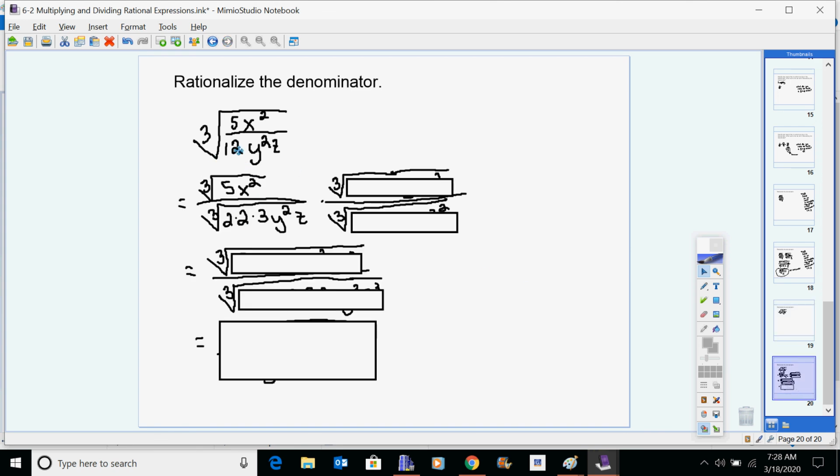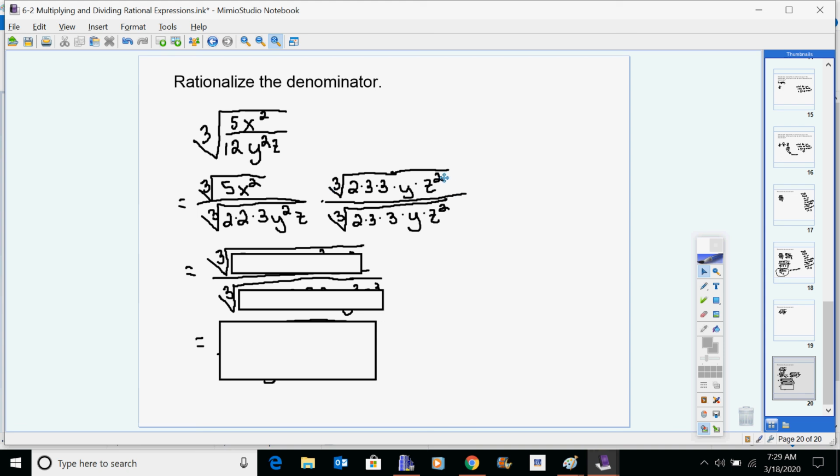All right, so we're looking for, after you prime factor the 12, 2 times 2 times 3, you need to figure out how many more I need to make a group of 3, which would be 1, 2, and 2 3s. We need another y, and we need 2 z's. Because this will give me 1, 2, 3 2s, 1, 2, 3 3s, 1, 2, 3 y's, 1, 2, 3 z's.